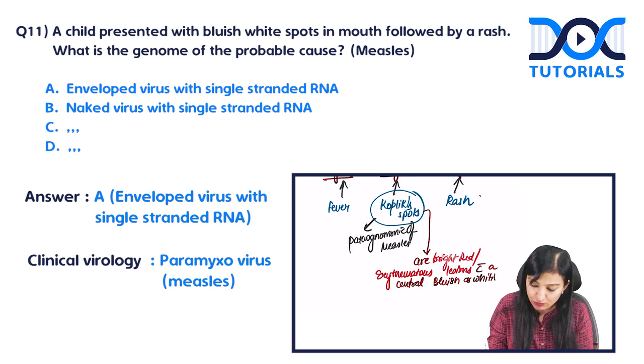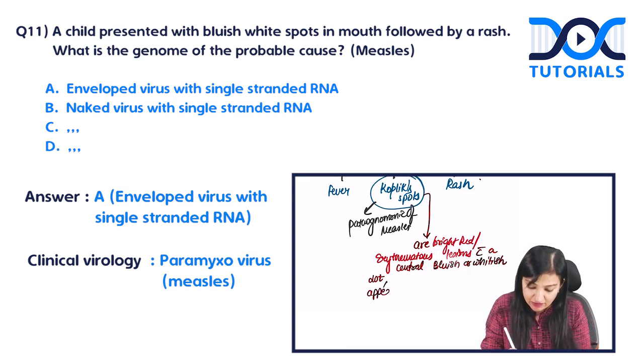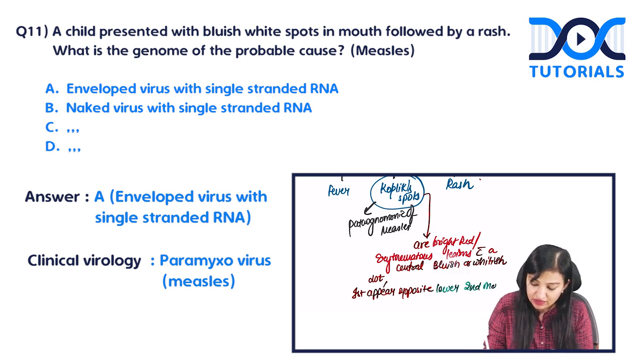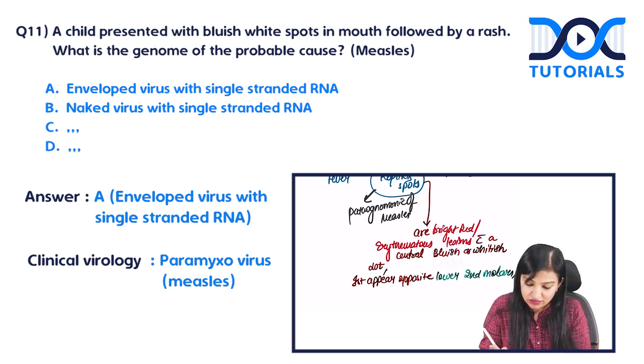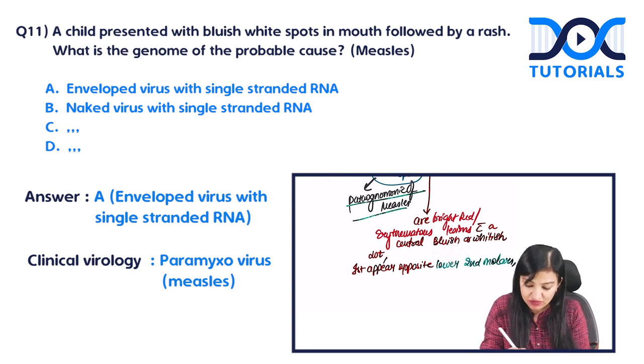They first appear opposite the lower second molars, and they are pathognomonic of measles.